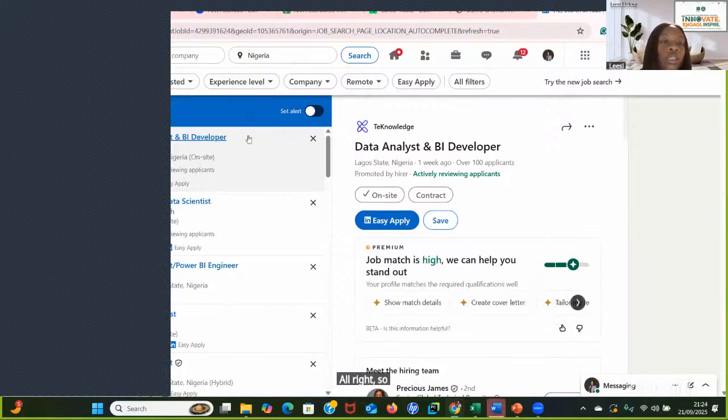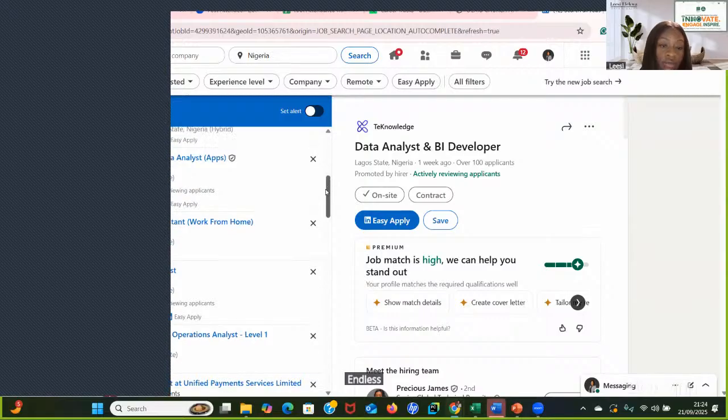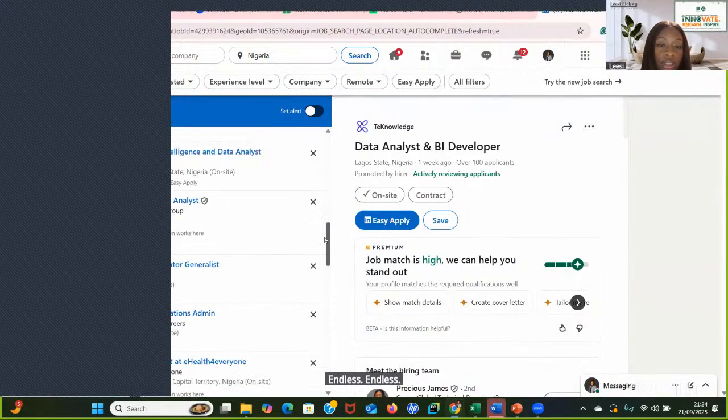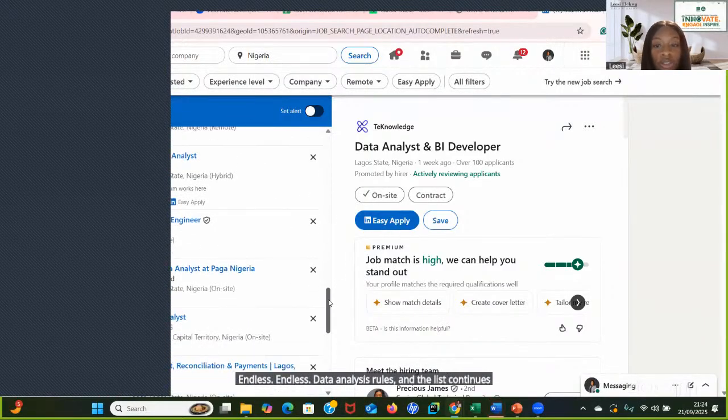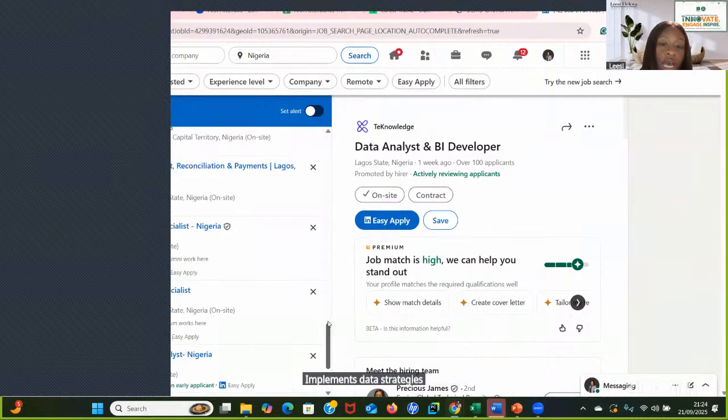All right, so these are data analyst and BI developer roles. Look at the list, it's endless. Data analyst roles, and the list continues and continues. These are organizations that are beginning to implement data strategies, and more will still come up.